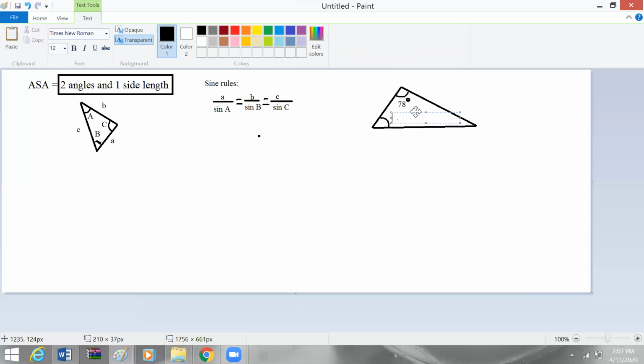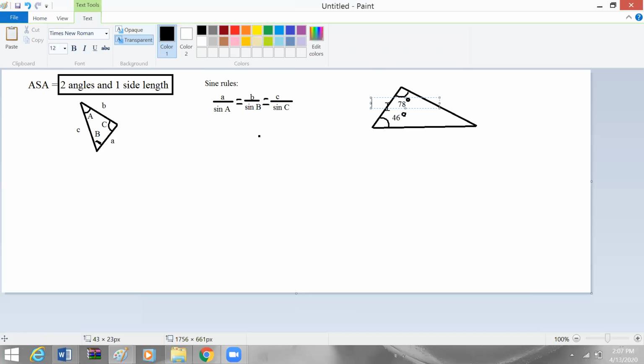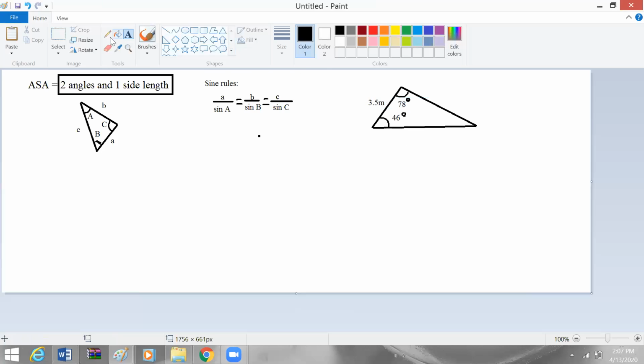So that would be 46 degrees. Now the side length that we're going to have, it doesn't matter which one. Let's say this one is 3.5 meters, for example.